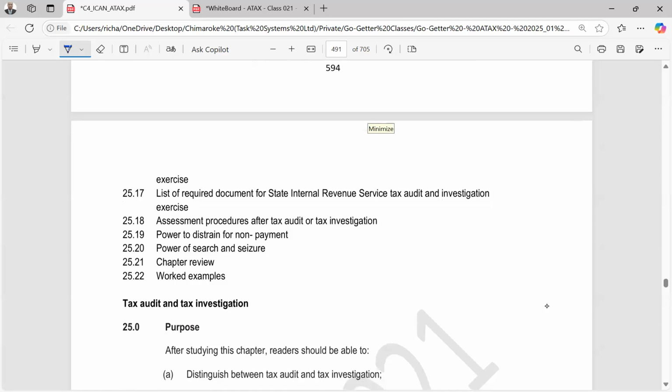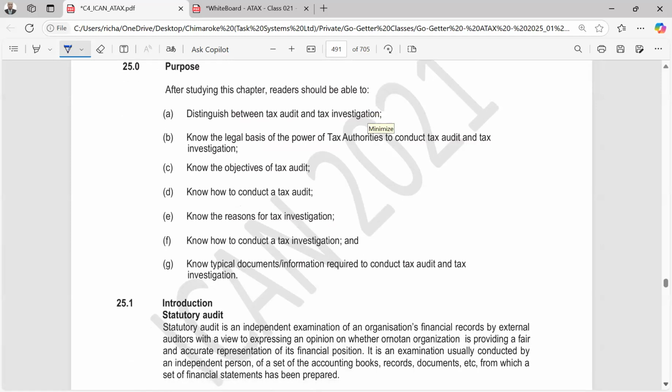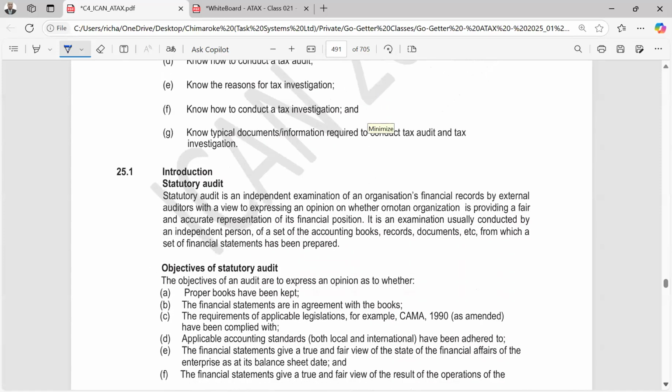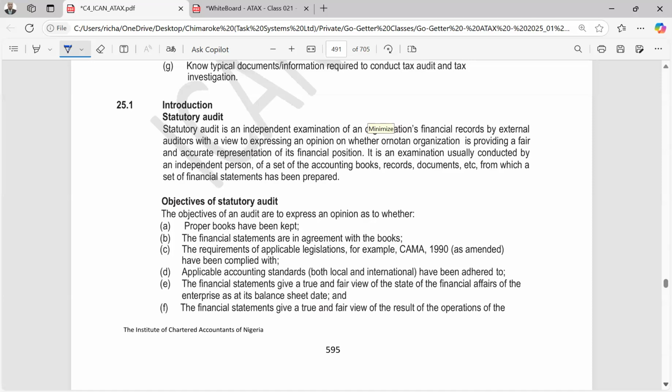Okay. Now, let's go to tax audits and tax investigation. What are these tax audits, tax investigation? First of all, let us look at what audit is before we take it to tax audit.